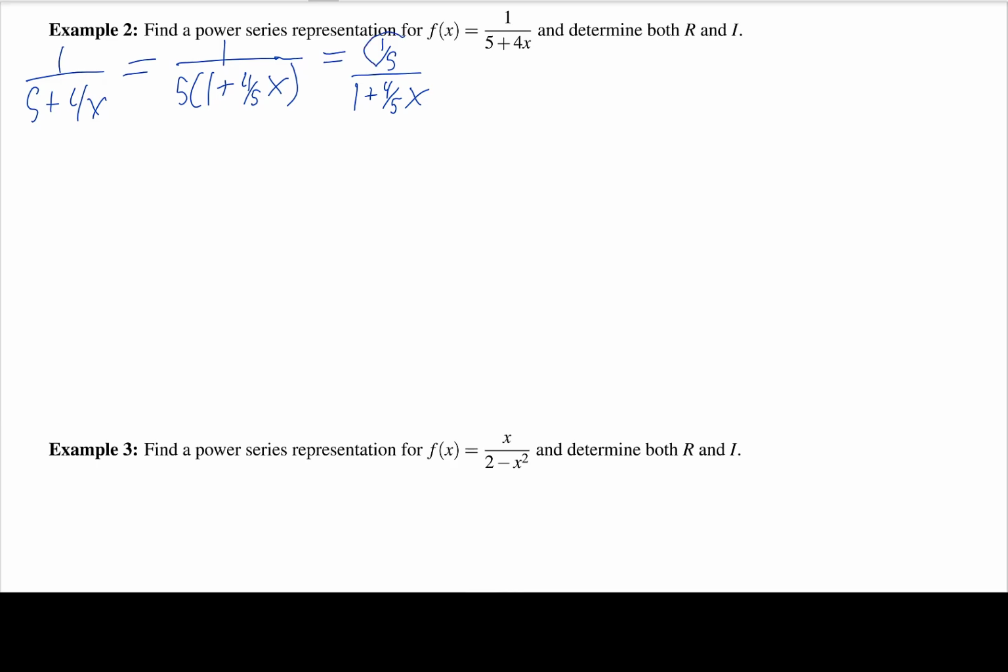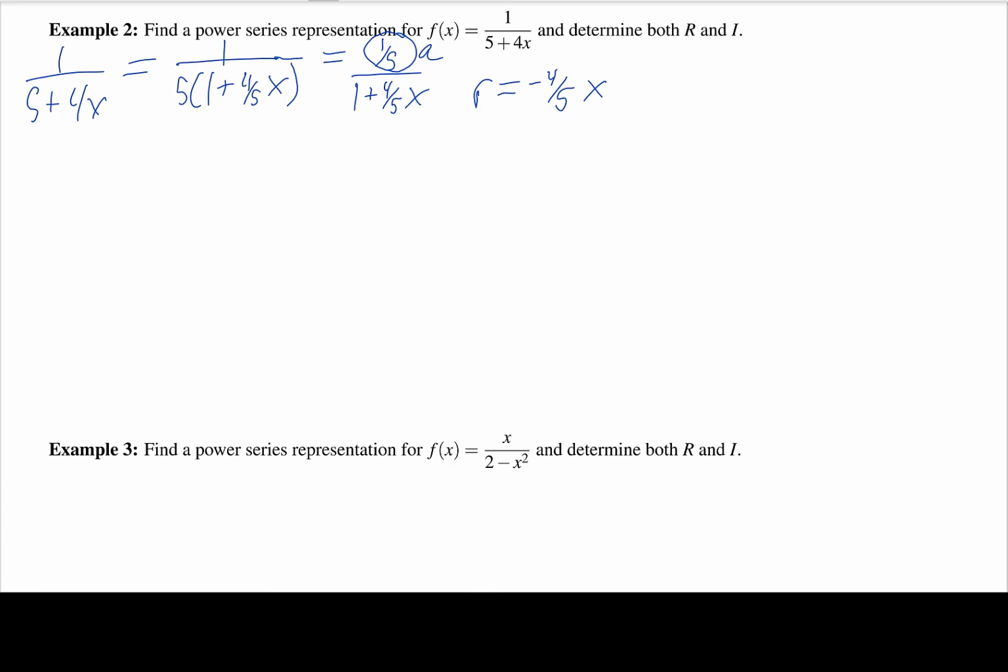And so here, I'll get my a value. Now remember, this is supposed to be 1 minus r. So that means that r will be equal to negative 4/5 x.